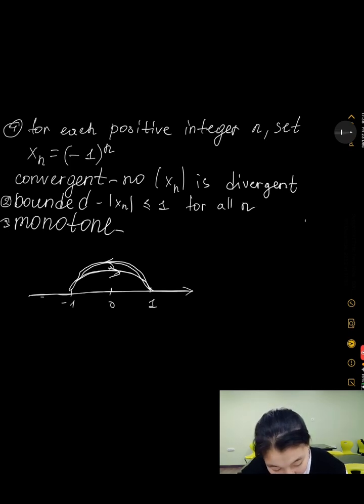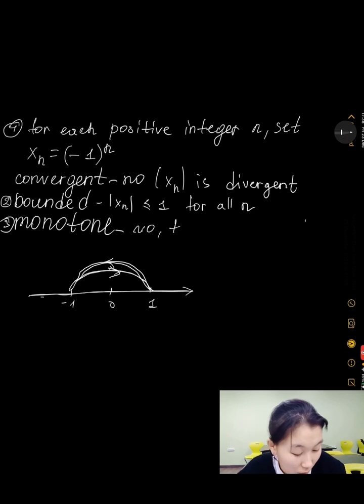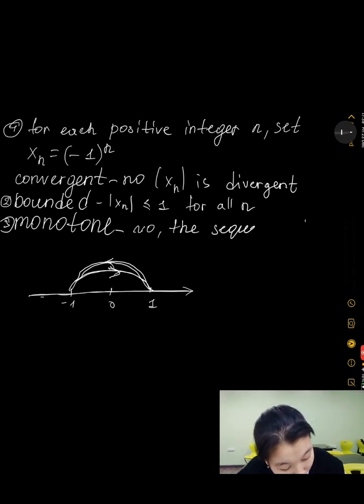Third question, is the sequence monotone? No, because the terms get bigger and smaller, bigger and smaller, so the sequence oscillates.